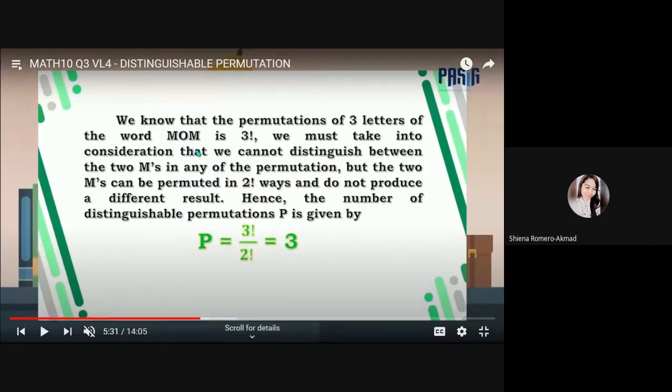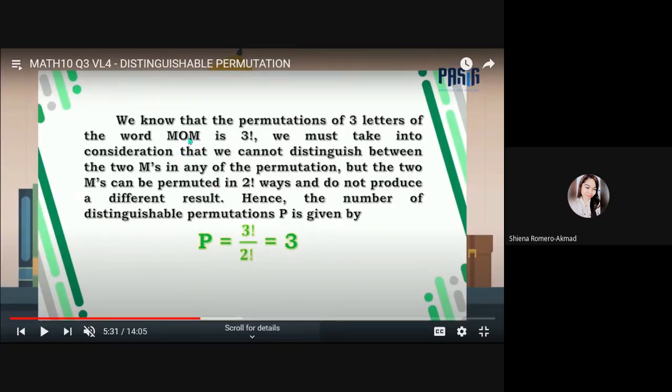Okay? So for us to solve this, all we have to do is to put the number of letters in the numerator. That's 3 factorial. And then we divide it by the number of letters that are the same.